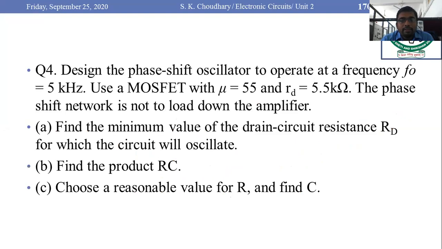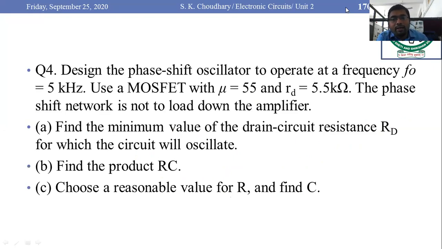Now this is a very important question. Time is very less, but we will just note down this numerical. Design the phase shift oscillator to operate at a frequency F0 equal to 5 kilohertz. Use a MOSFET with mu equal to 55 and RD equal to 5.5 kilo ohm.